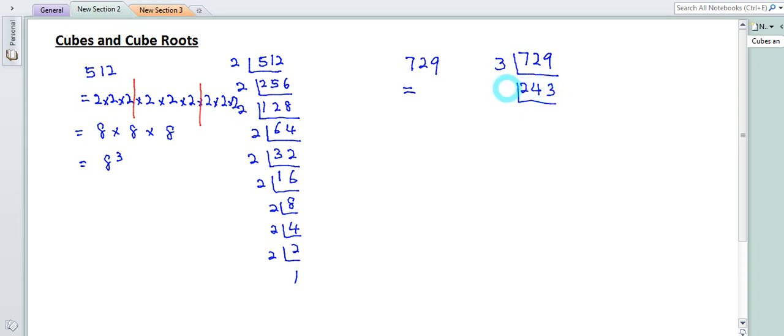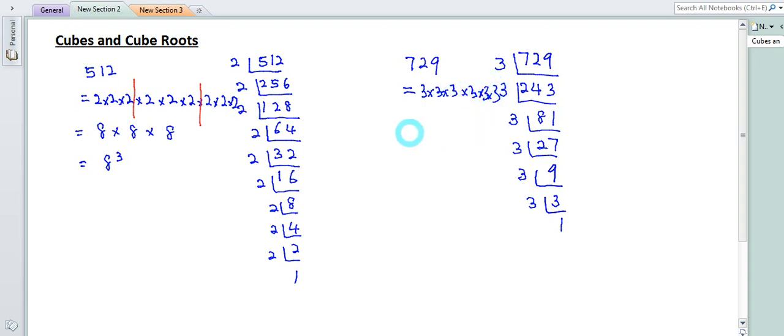This one also can be divided by 3. 9 divided by 3, 3. Go until 1. So 3 divided by 3, you get 1. We have 6 times 3.